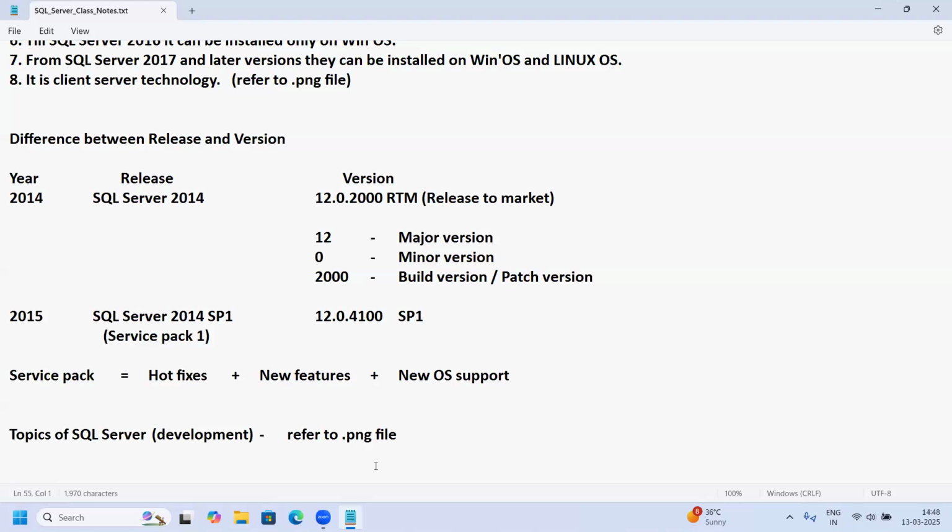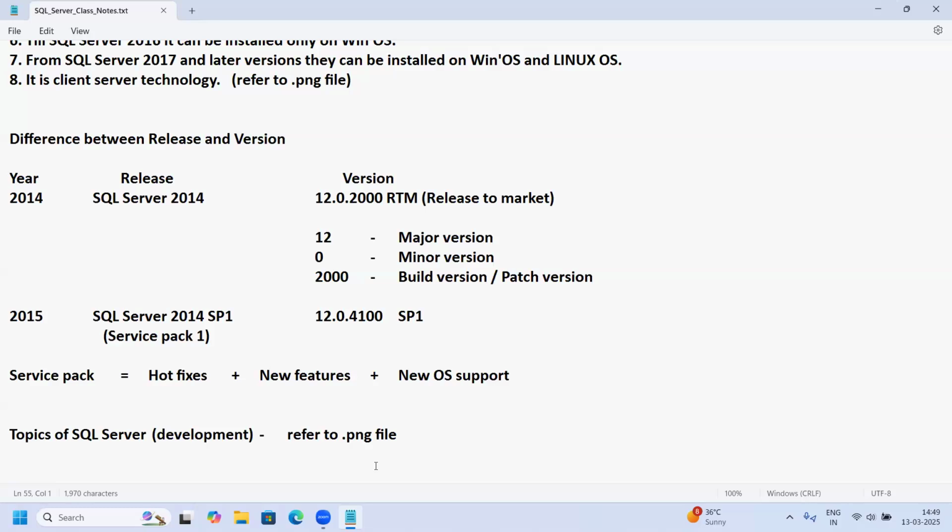Every version, every release, Microsoft has made available with some changes. But I won't say that all the features Microsoft has made available are only for development.